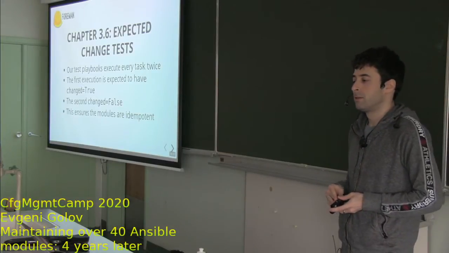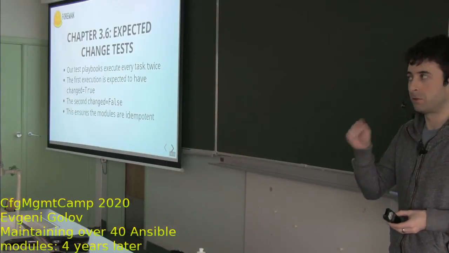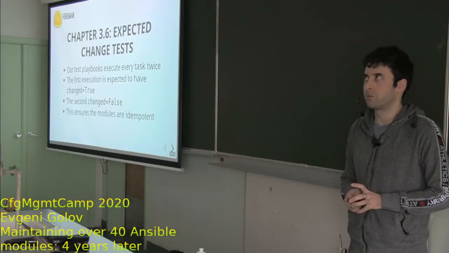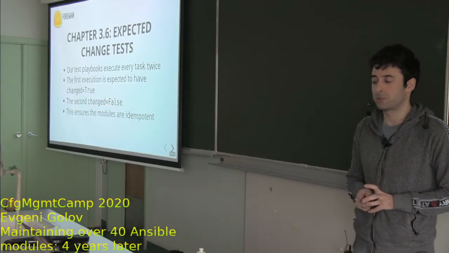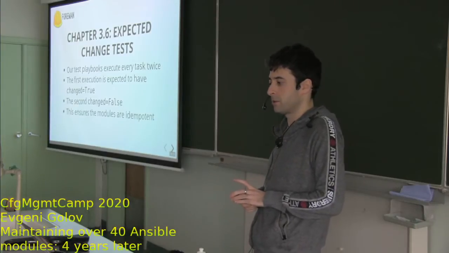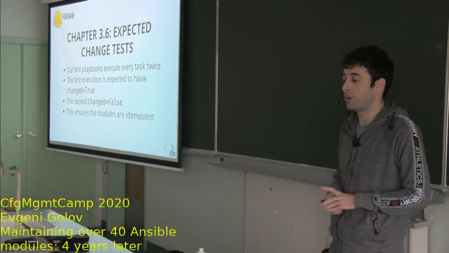And then we check the .changed attribute of the result, and the first execution should have changed true because it should have done something, and the second always should have changed false because, well, that's how it should be.